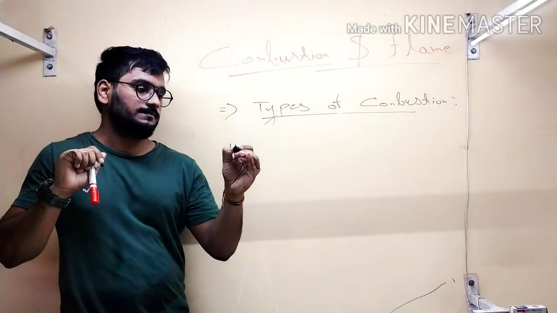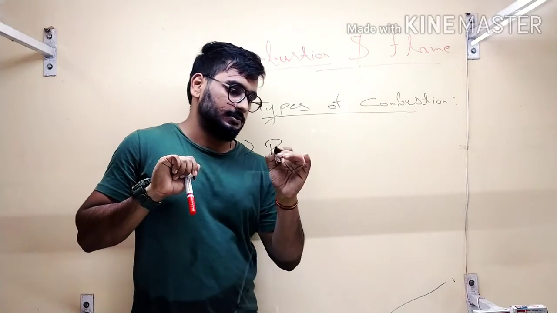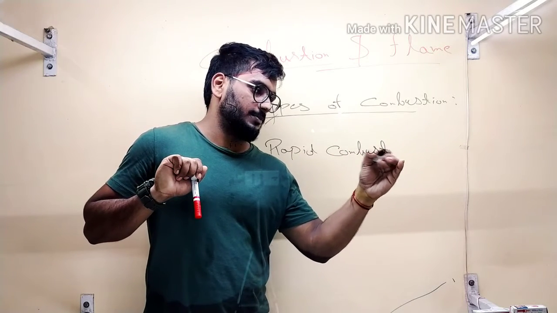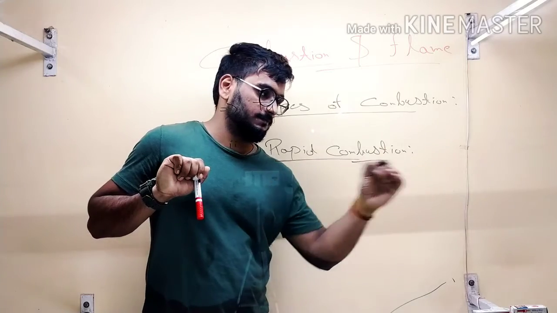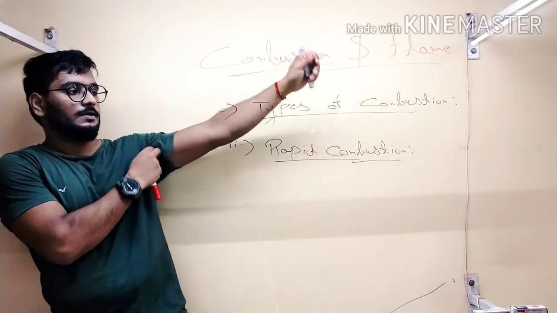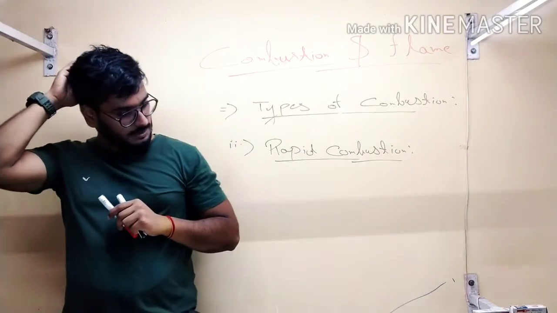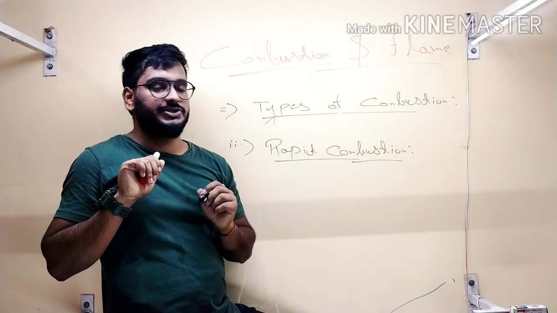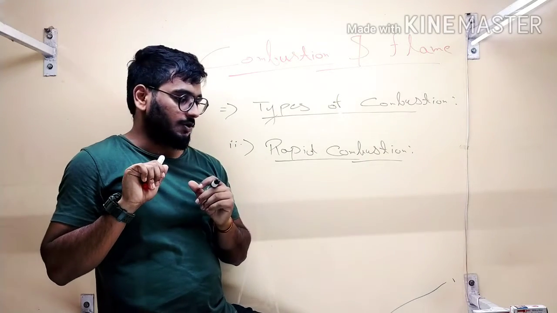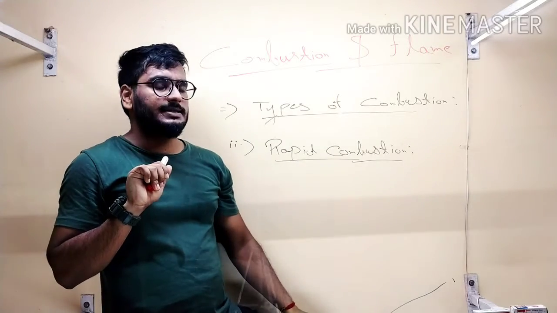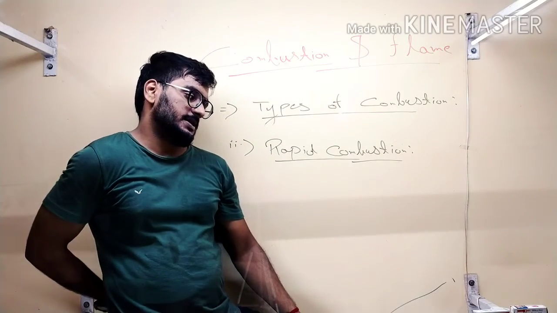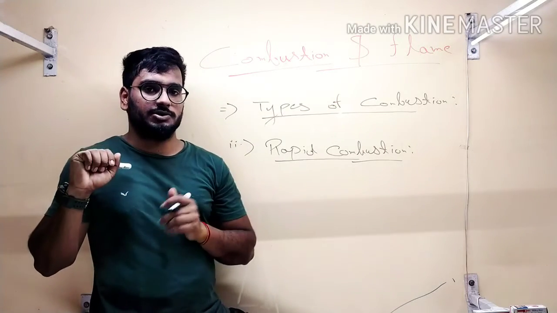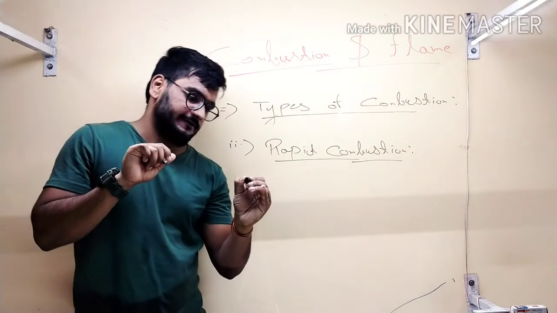Number 2, rapid combustion. So what is rapid combustion? Rapid combustion is a combustion which takes place fast, and in rapid combustion fire takes place fast and produces more heat, and light is also produced. So write down the definition.